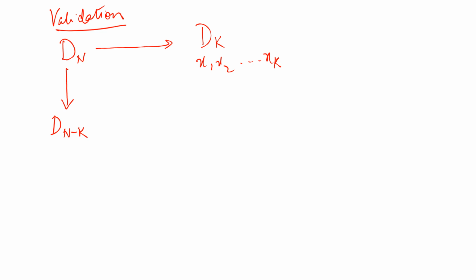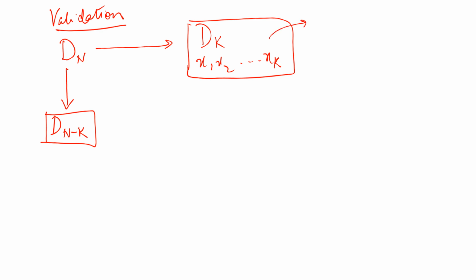So basically they'll have all the remaining points up to n in this data set. So we have split it into two parts, and I've done a random split. In the terminology of validation, D_k is known as the validation set, and we'll see why. So this is the validation set, and this is my training set.